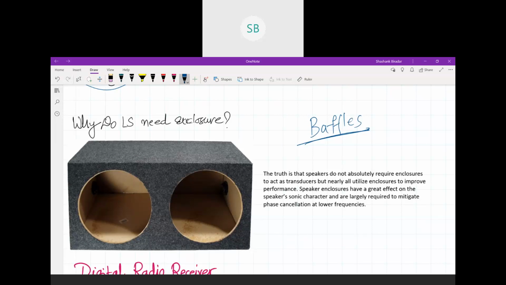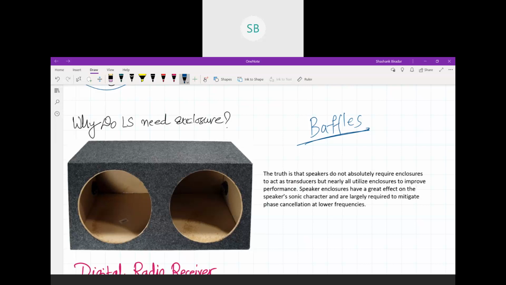So when the cone moves forward, the air is compressed in the front, but the rarefaction takes place at the back, right? When the cone moves backwards, the compression takes place at the back and rarefaction occurs at the front, okay.